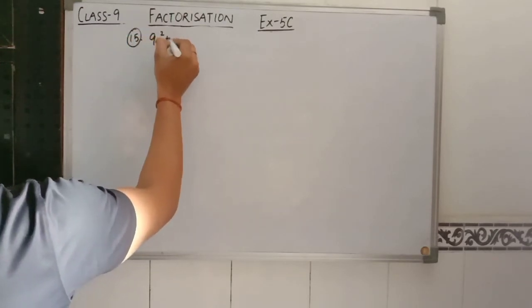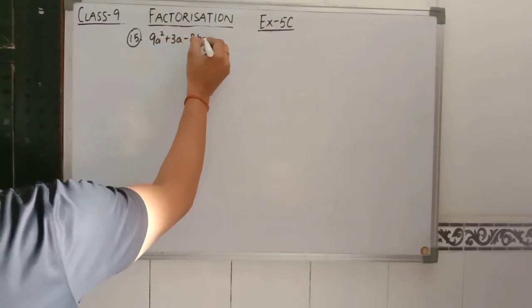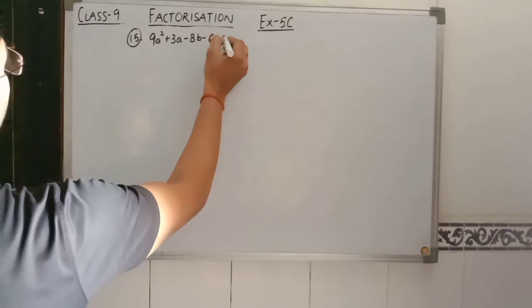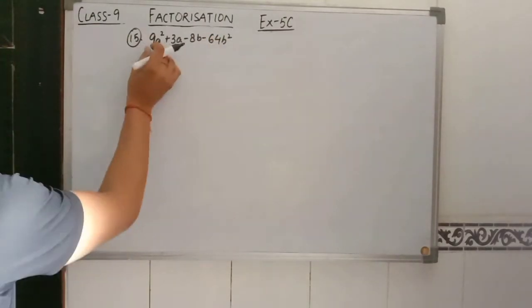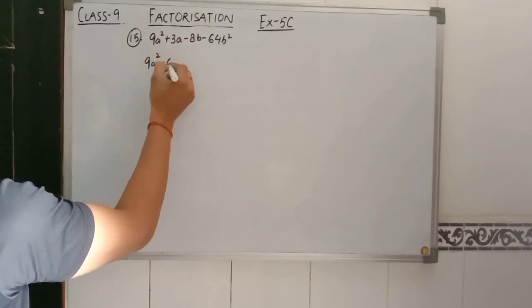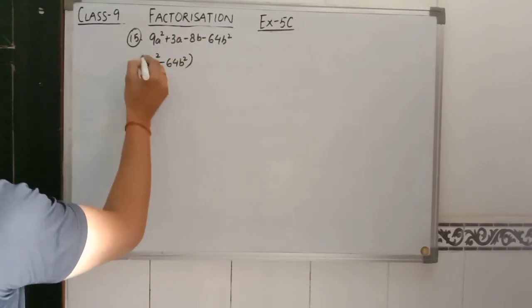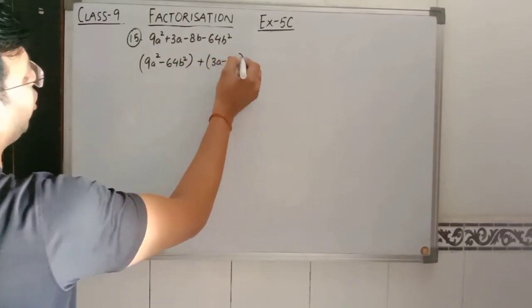9a square plus 3a minus 8b minus 64b square. Now we are observing that we have these two terms with a and these two terms with b. So we have to group together 9a square minus 64b square, and plus 3a minus 8b grouped together.